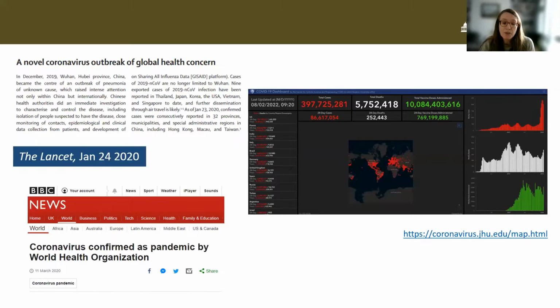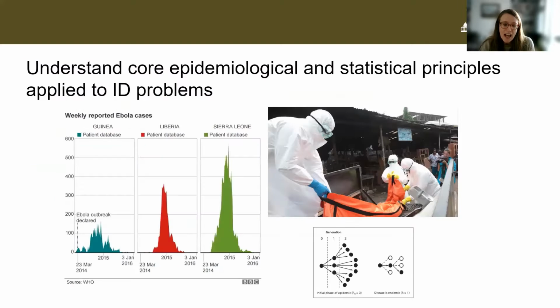So, of course, COVID has brought infectious disease epidemiology into the news and into everybody's minds over the last few years. But even before COVID, about a quarter of deaths globally were due to infectious diseases.